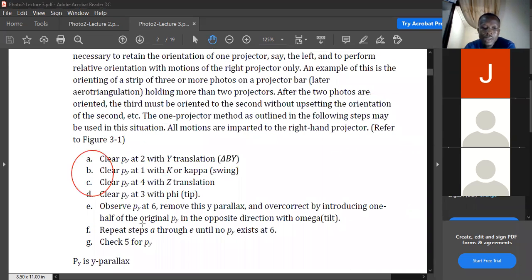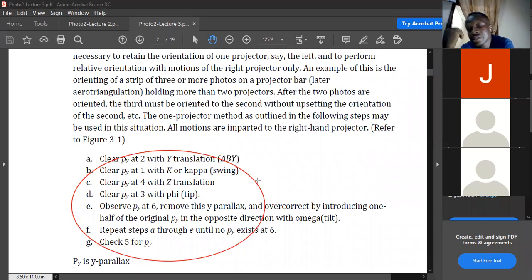Everything here, you can see py, that is the error in the Y direction. In the X direction, the X parallax is very useful. In fact, there's a relation between the height of points on the ground and the parallax for the various points.